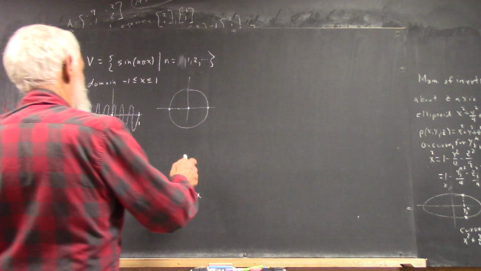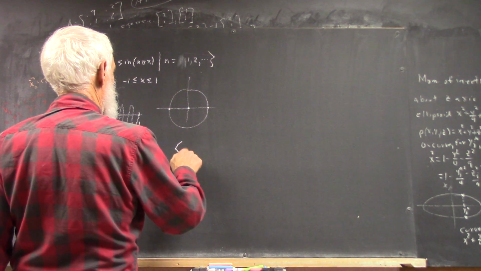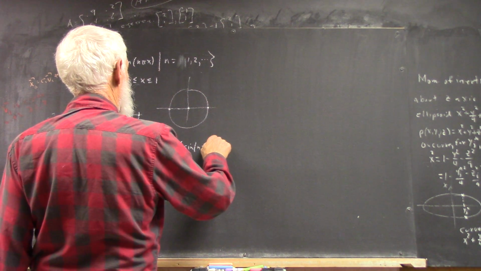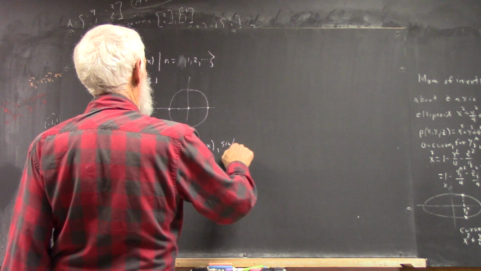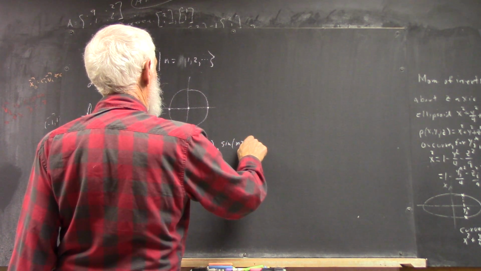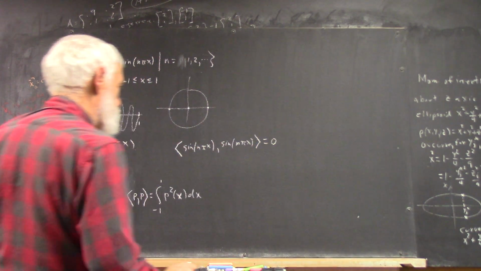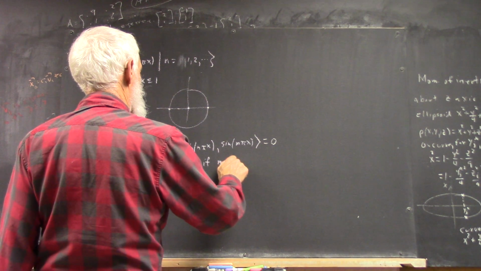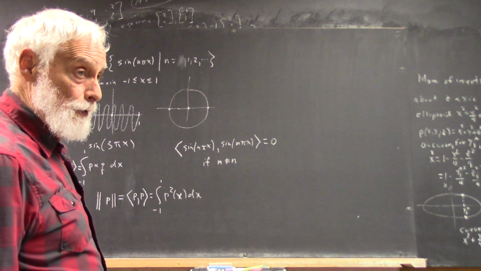But the thing is that the inner product of the sine of n pi x with the sine of m pi x is 0 if m isn't equal to n. Okay?